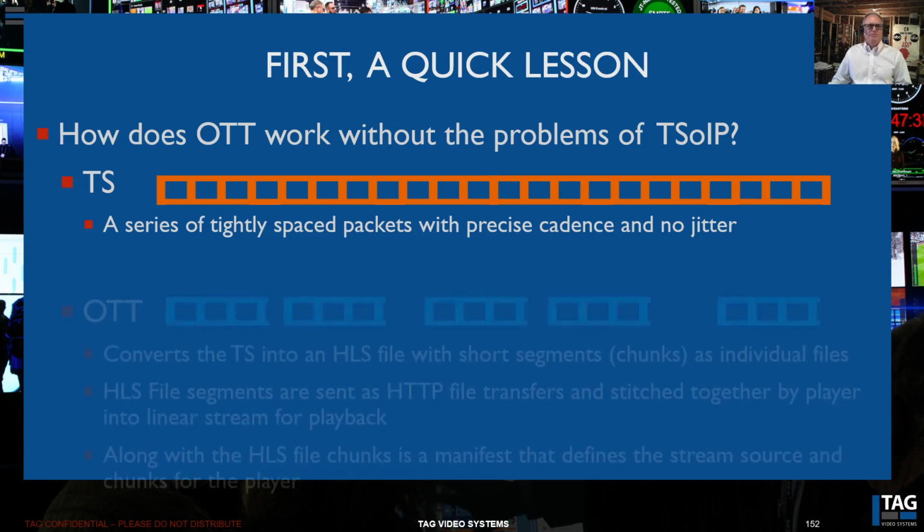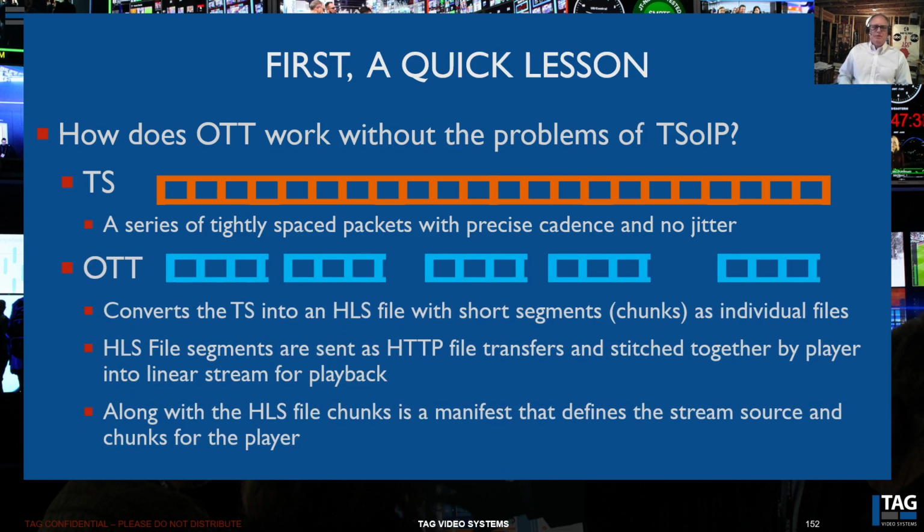But OTT takes that same compressed video and breaks it into chunks, often along the I-frame boundaries, and converts it into short file segments that are saved as file segments. And those file segments are actually sent as file transfers to your player and are stitched together by the player for linear streams. So the player is actually requesting file segment after file segment.